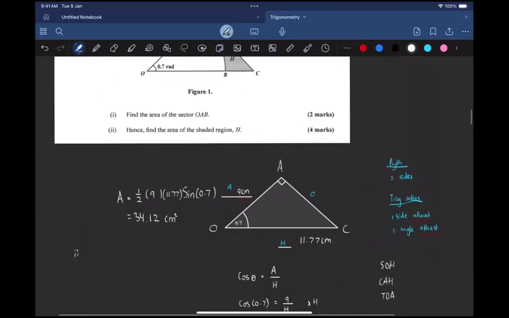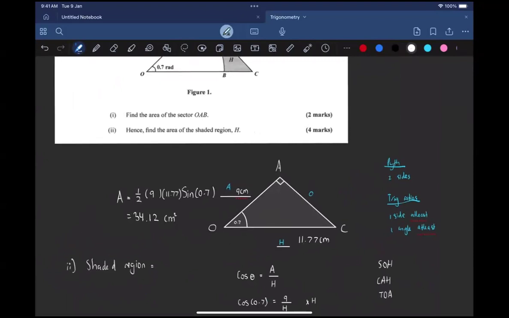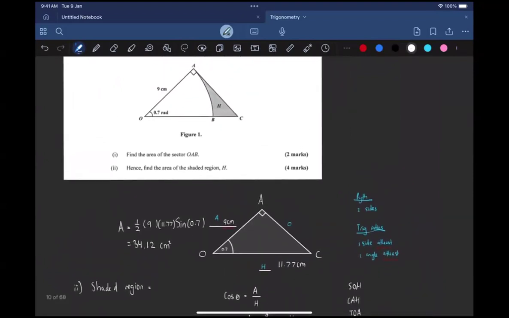So then what would the answer for part two have been? It would be the area of the sector minus the area we just found. Sure about that? Which one is bigger, the triangle or the sector? The triangle. So it will be the area of the triangle take away the area of the sector.